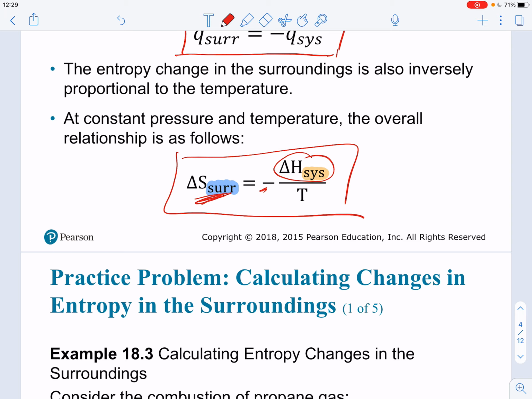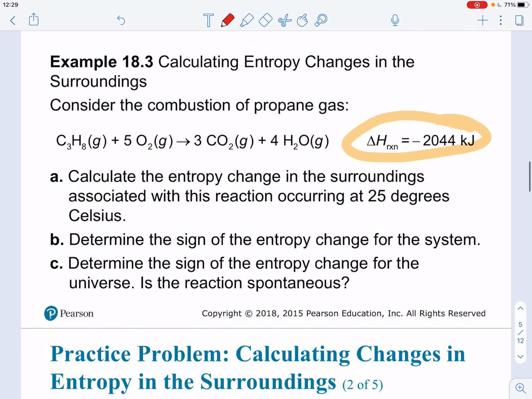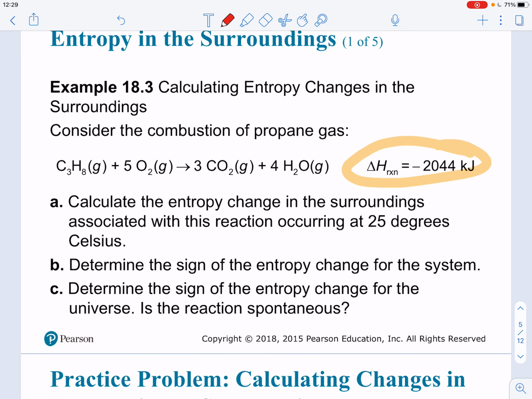Since we are doing chemistry, most likely we are going to be studying chemical reactions. So remember that the enthalpy of the system pretty much is going to be equal to the enthalpy of the reaction. So this for us is going to be synonyms, right? So that enthalpy of reaction is what we're going to use in our equation.